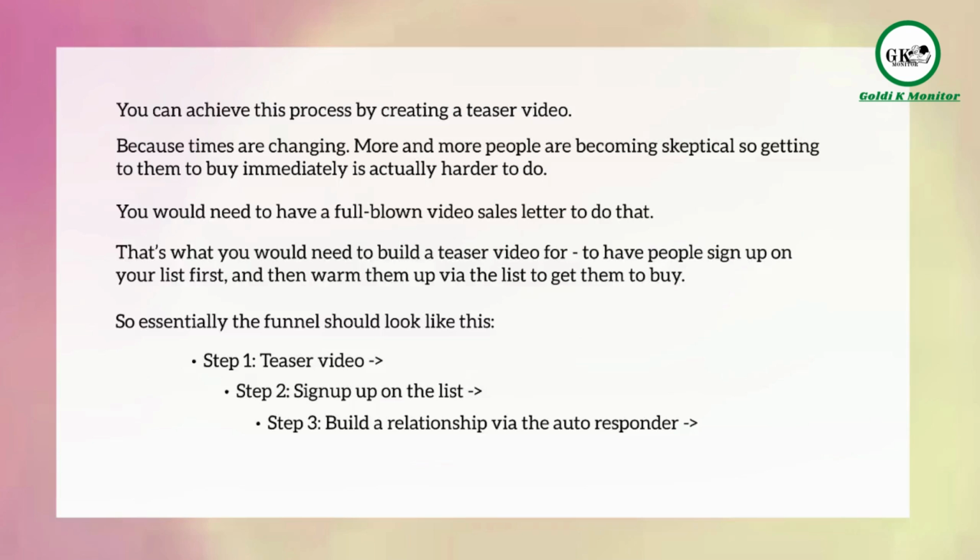And psychologically, we have seen that most of the time it takes anywhere from 7 to 12 emails or days, whatever you want to do, in order for the prospect to really warm up to you. And in that time, you just want to give them really good content to bring them from they don't know you to, oh, I really trust you enough to want to buy your product.